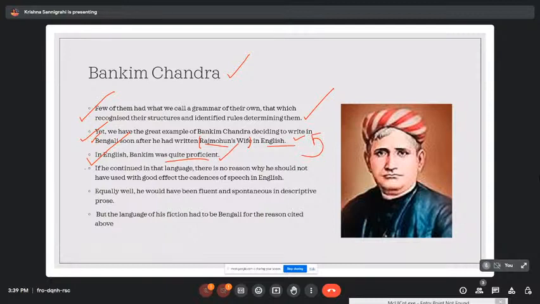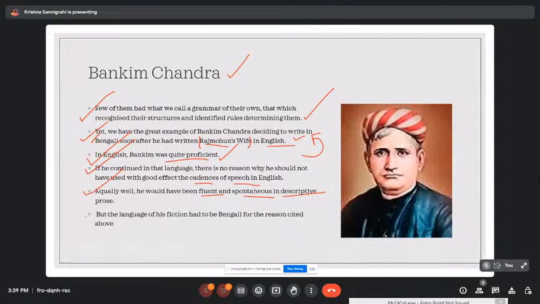If he continued in that language, there is no reason why he should not have used with good effect the cadences of speech in English. So if he had continued with this language, then definitely he would have contributed to the field of Indian English literature quite seriously. Equally well, he would have been fluent and spontaneous in descriptive prose.